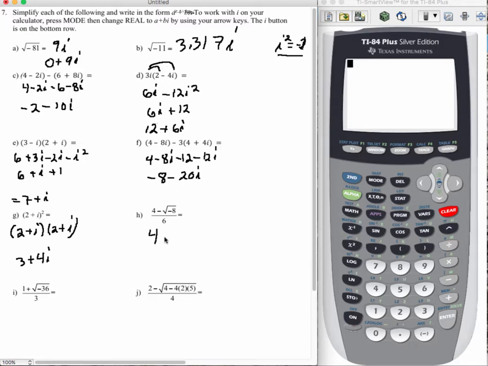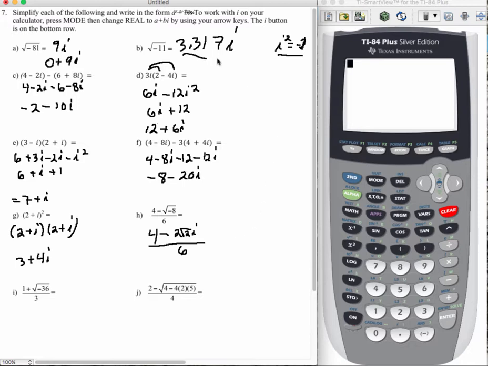That is 4 minus the square root of -8, which is going to be 2 square roots of 2i, divided by 6. Okay. See, if I had gone ahead and used the calculator, I would have gotten a decimal approximation, and that's not what they're looking for. They want us to give them back exact answers here whenever possible.